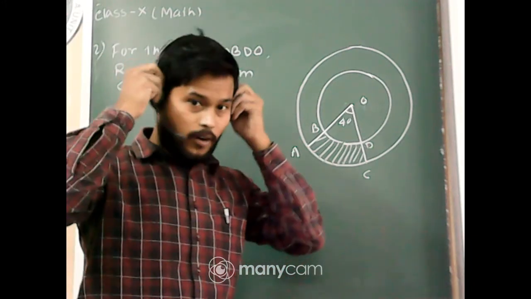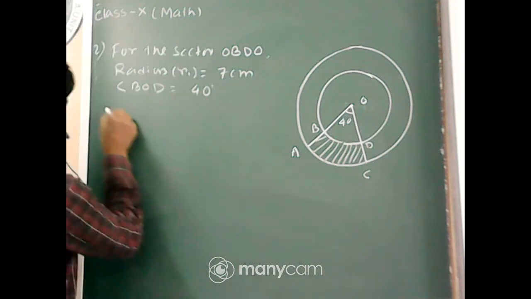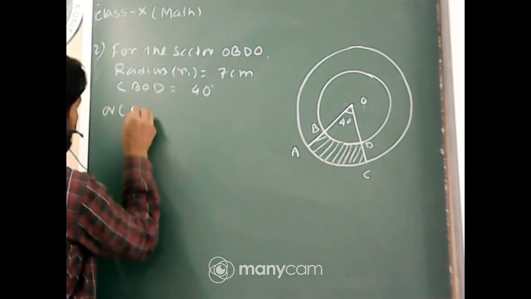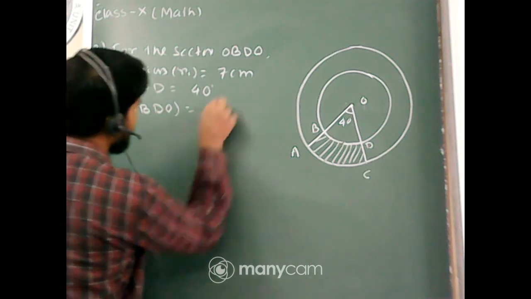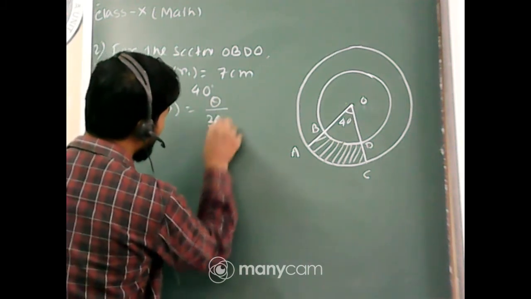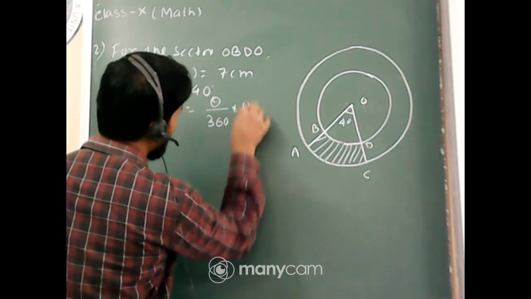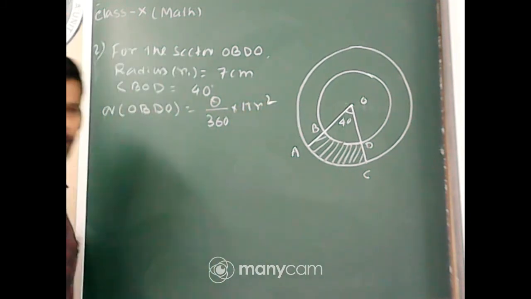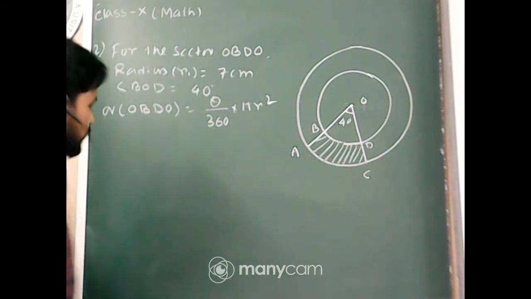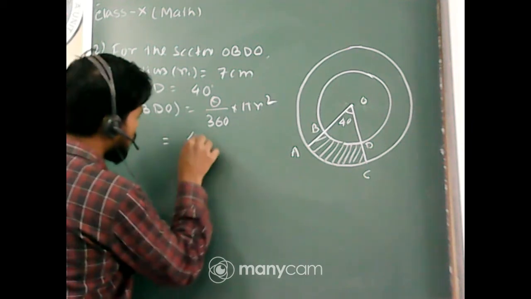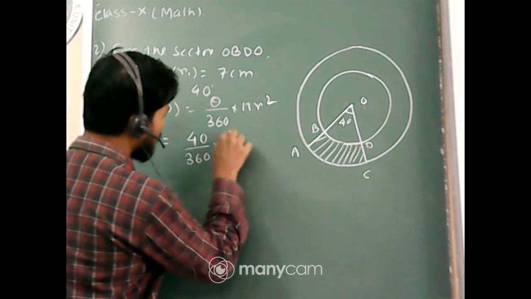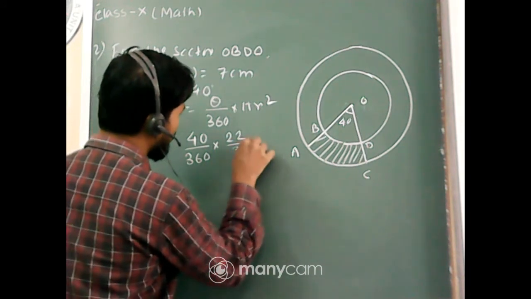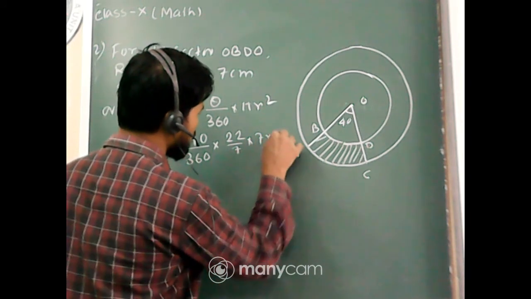Look, we have a formula. The area of OBDO is, the formula is theta by 360 degree into pi r square. Okay, now put the value. Theta equal to 40 degree by 360 degree, 22 by 7, and r means 7 into 7.